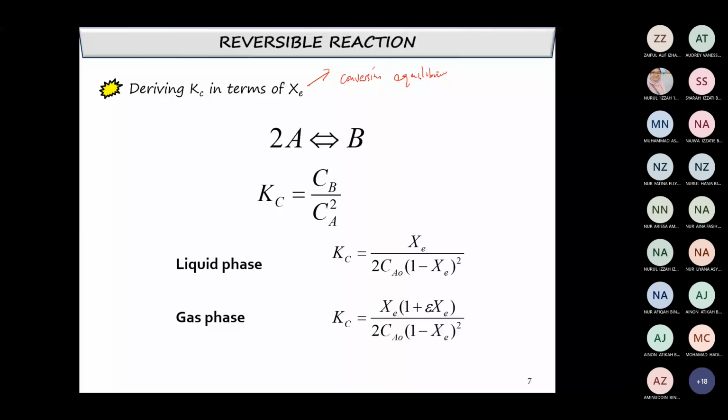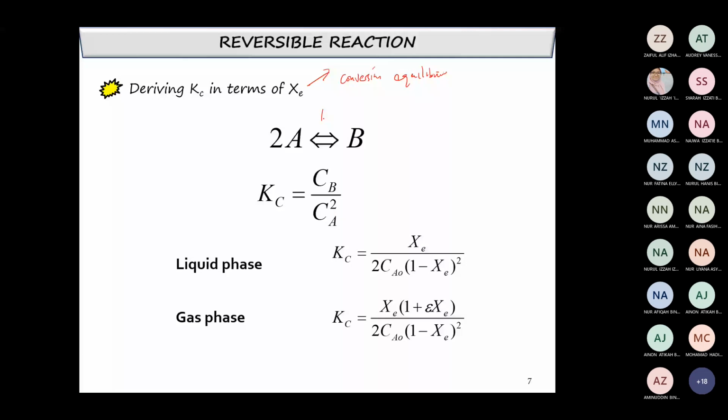Okay, so daripada sini, okay, we have a 2A is equal to B. Okay, so this is a second order of reaction. So become KC equals CB over CA squared. Okay, so this is the product over with the ni. Okay, sebab this is like KF, KR.